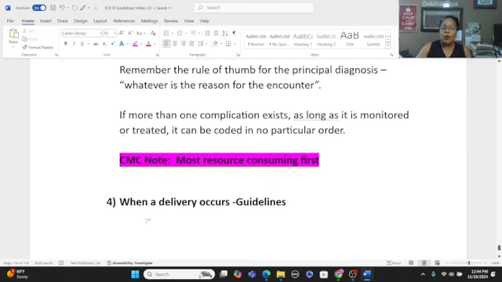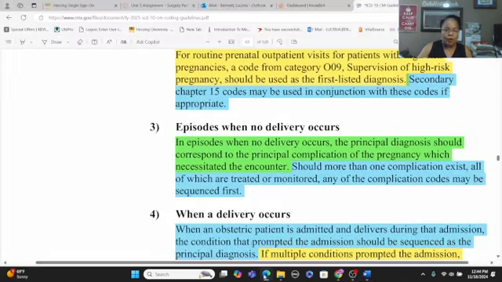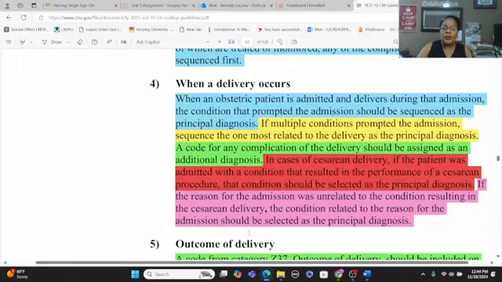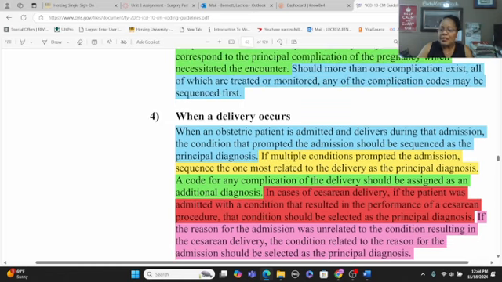Number 4, when a delivery occurs. Let's look at the guidelines for number 4. When an obstetric patient is admitted and delivers during that admission, the condition that prompted the admission should be sequenced as the principal diagnoses. We understand that which occasioned the patient in the hospital for that encounter is the reason, principal diagnoses.